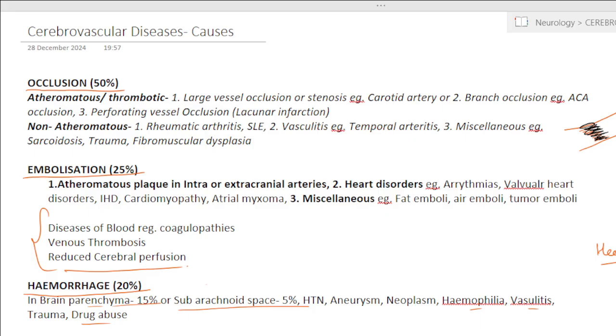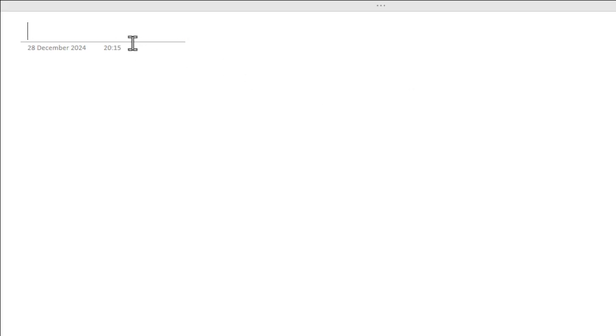So now we are heading for pathology. First we will understand the pathology, then we will get into the pathophysiology.